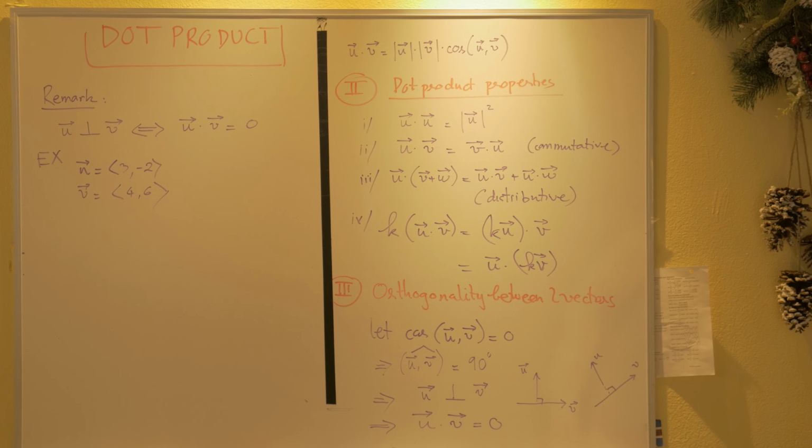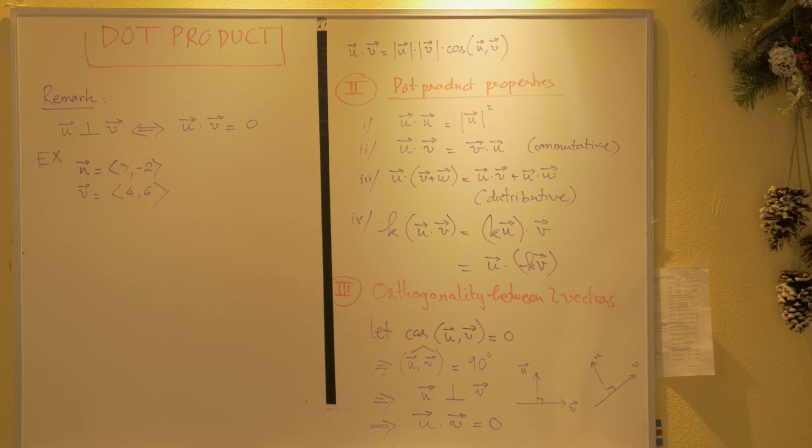The question is to show that these two vectors are perpendicular to each other. Show that u is orthogonal to v.